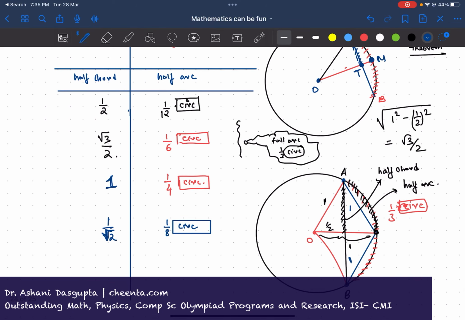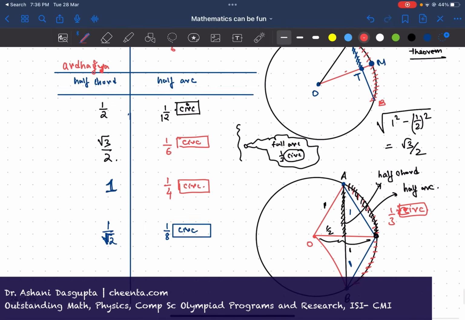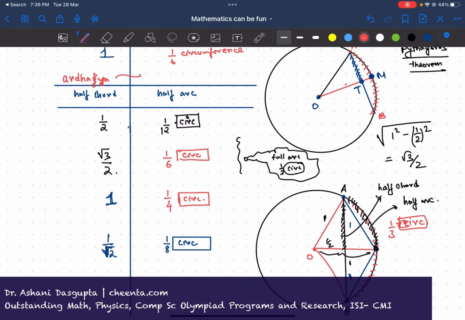One of the things that I should tell you as a historical remark is that this half chord is sometimes known as ardhajya. Ardhajya in Sanskrit or Hindi is half of a bowstring.